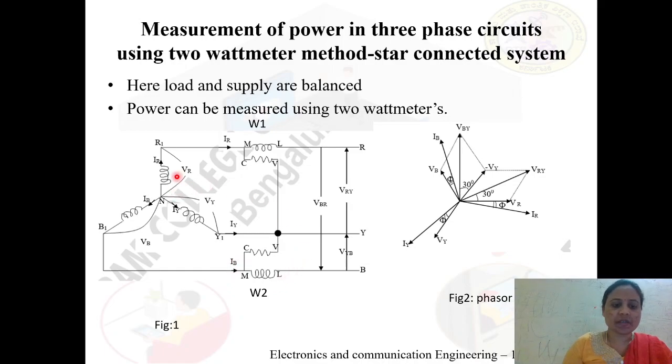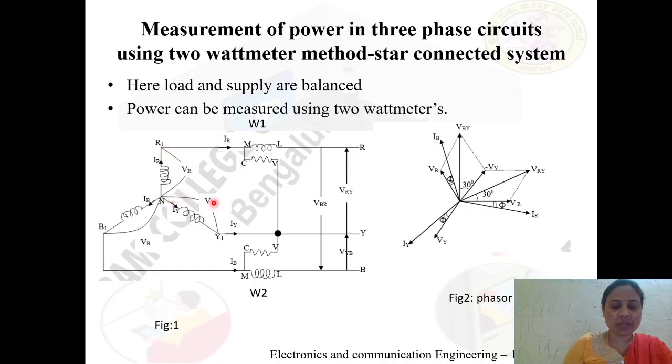Now let us see the different parameters. The voltage across each of the phases, that is R, Y and B, we call VR, VY and VB. VR is the phase voltage for phase R, or between line R and the neutral.